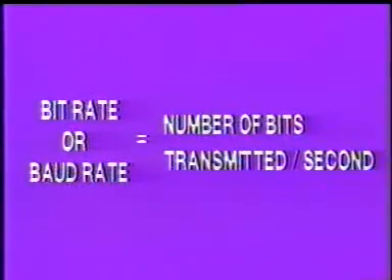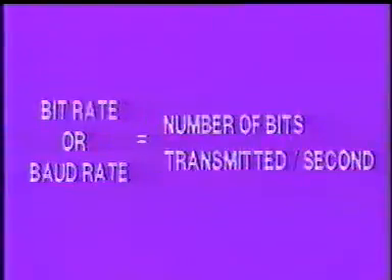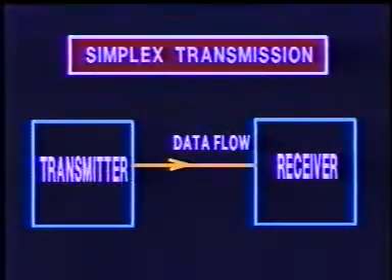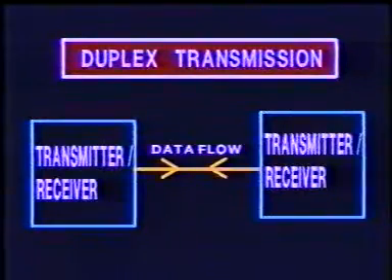The number of bits transmitted per second is called bit rate. The bit rate is also known as baud rate. If the direction of data flow through a serial line never changes, that is, if it is a one-way transmission, then it is called simplex transmission. In duplex transmission, data can flow in both directions.